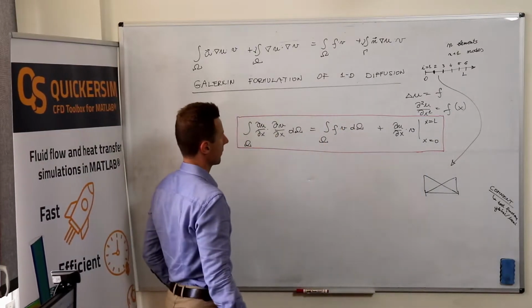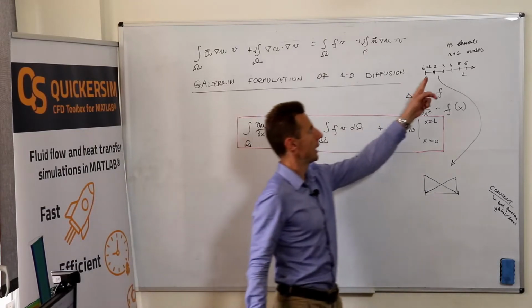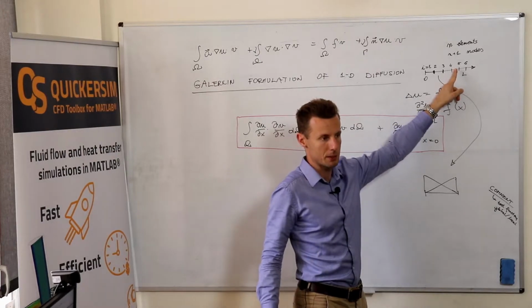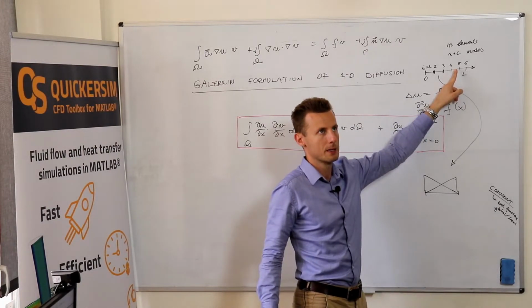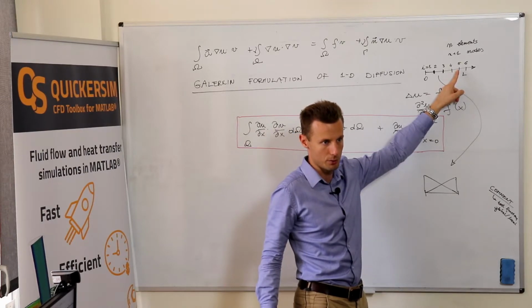Then, having n plus 1 nodes, having 6 nodes, means we have 6 unknown scalar values that we need to solve for. True?